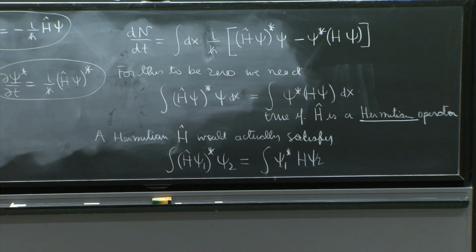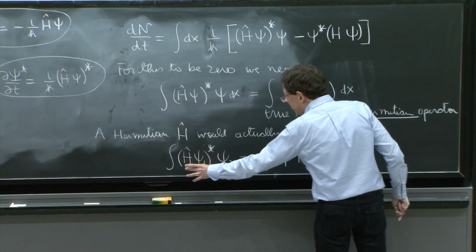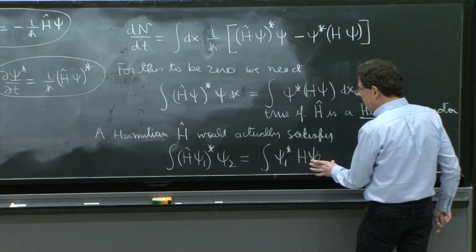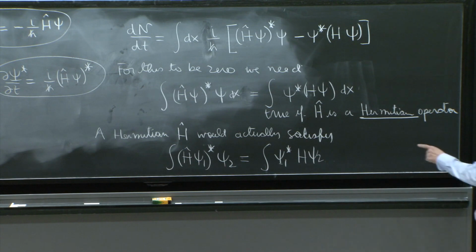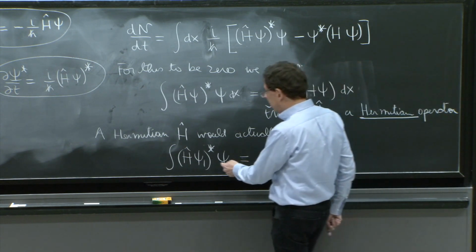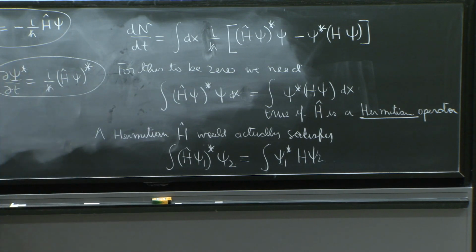So an operator is said to be Hermitian if you can move it from the first part to the second part, in this sense, and with two different functions. So this should be possible to do if an operator is to be called Hermitian.